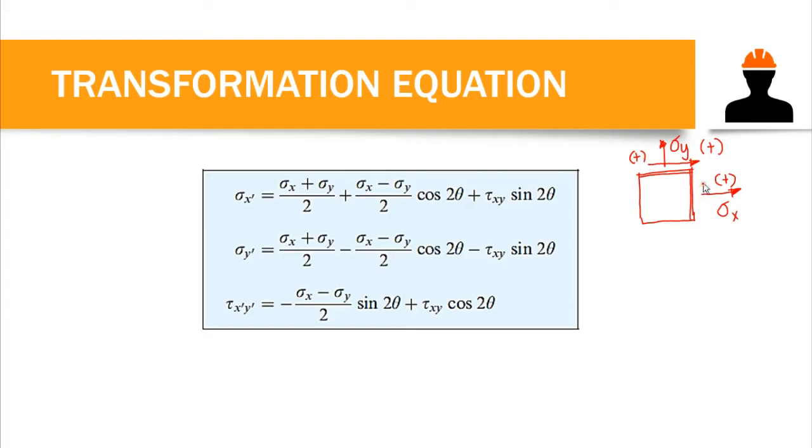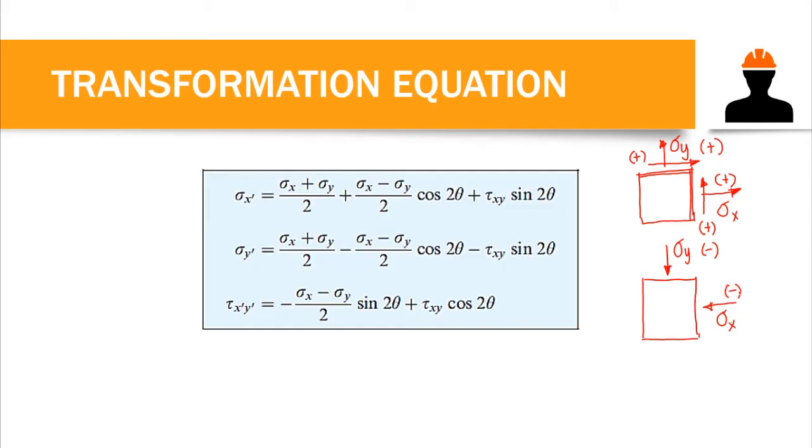Now, if we have our shear stress here acting upward, towards the positive y-axis, that is positive shear stress. Now, if we have different directions, so if we have a downward or compressive normal stress, that is negative, as well as this normal stress x, it's still negative.